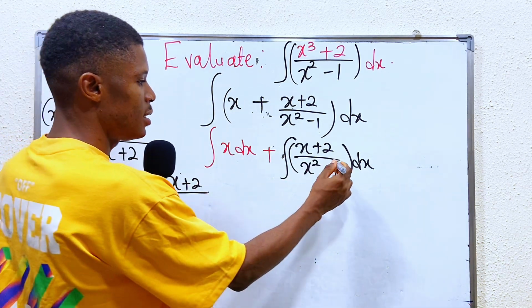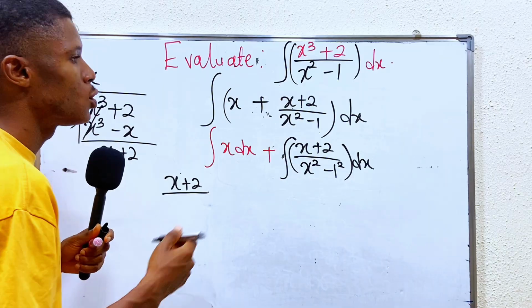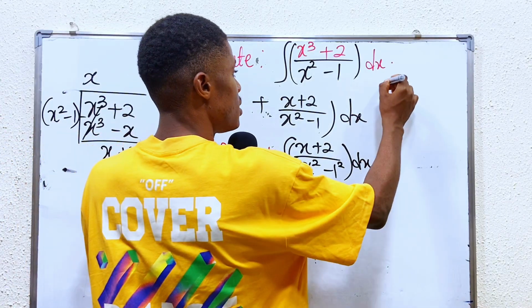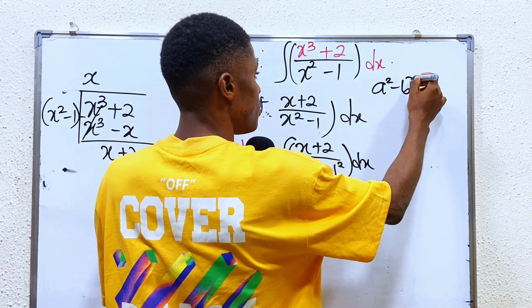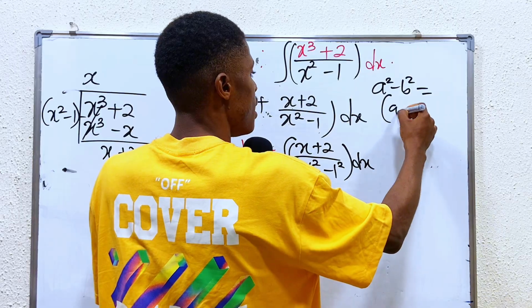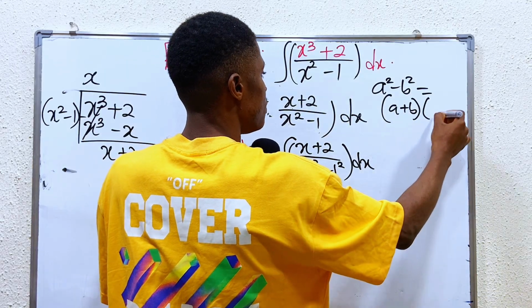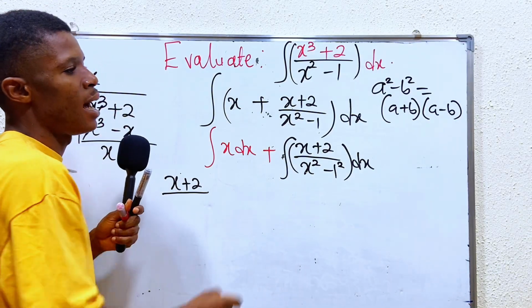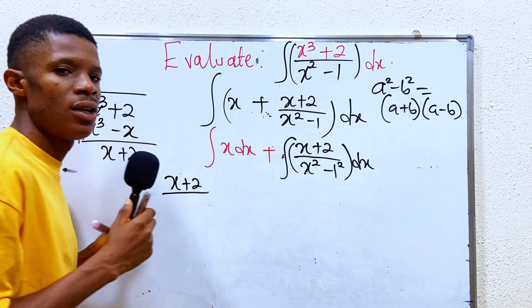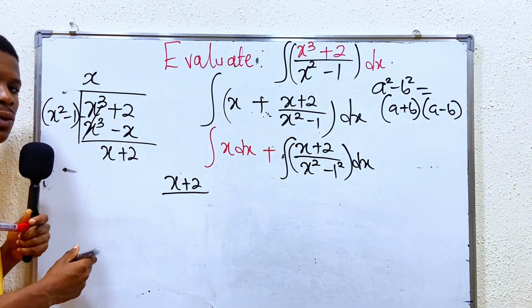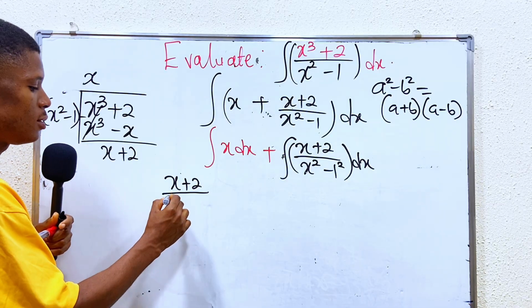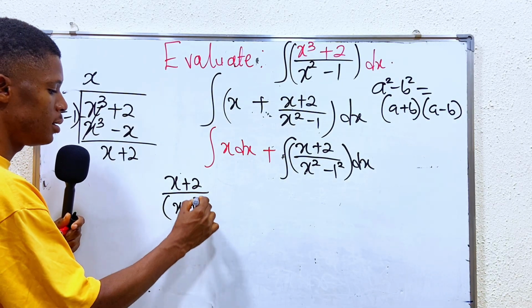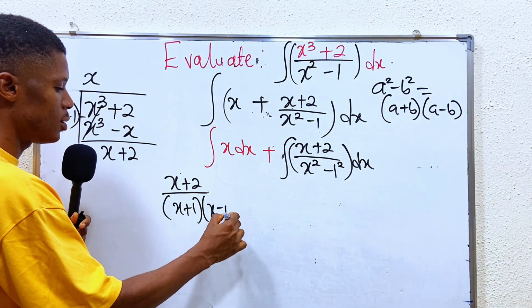This x squared is just like 1 squared, right? So we apply the difference of two squares, which says that a squared minus b squared is equal to a plus b into a minus b, where our a will be x and our b will be 1. So you now have x plus 1 into x minus 1.